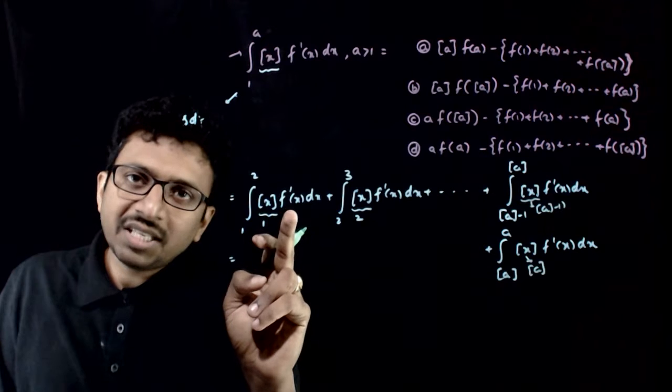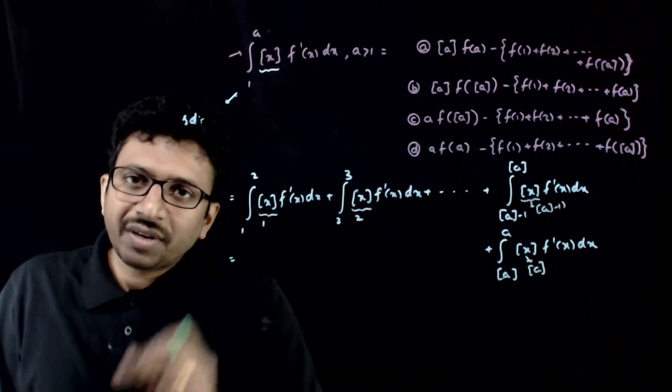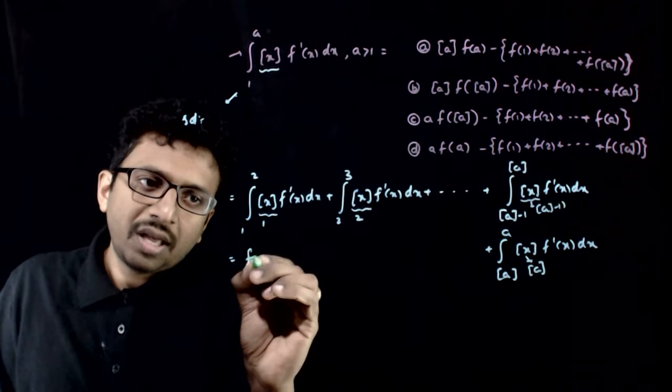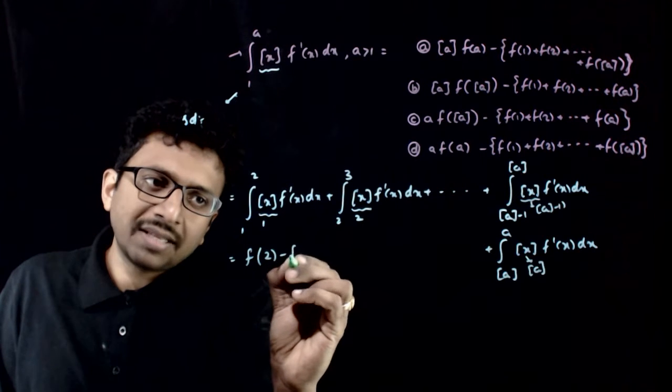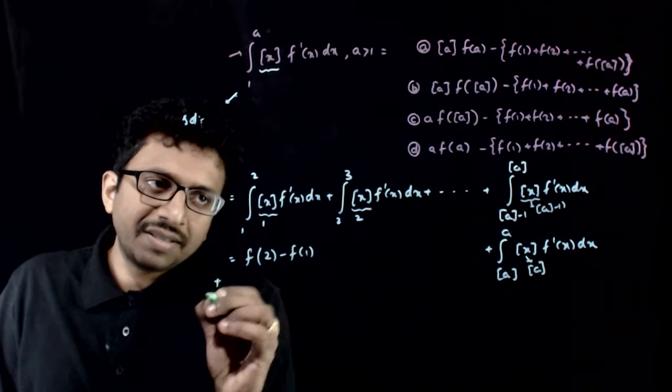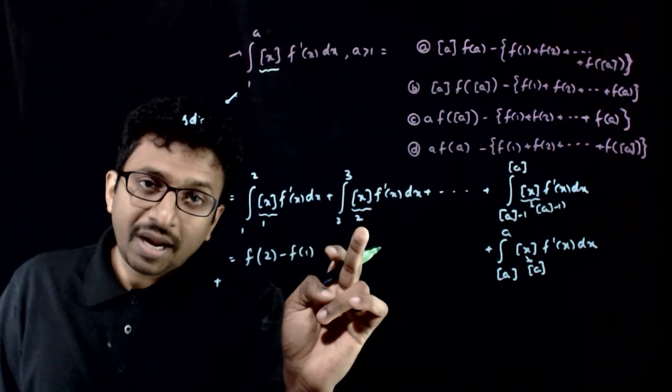So 1 times the integration of f dash of x, which is f of x, so f of 2 minus f of 1. Plus, here you have integer part as 2.